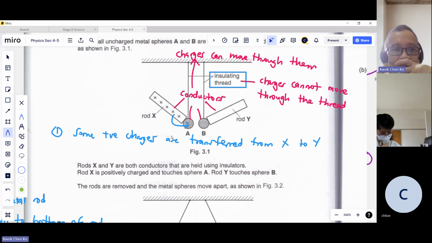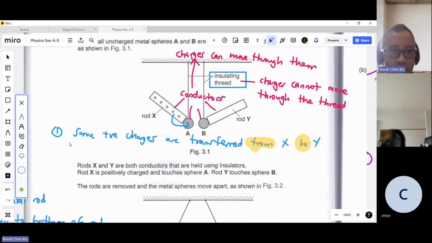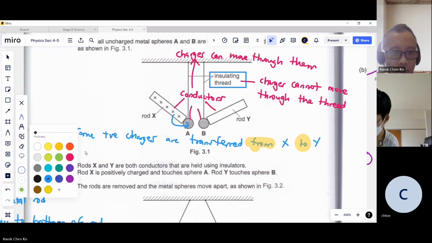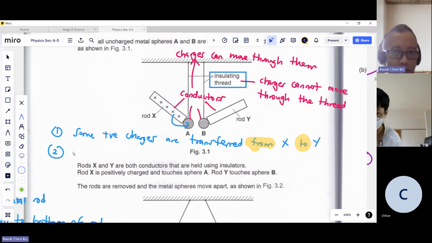Now, personally, I would always want to mention the direction of movement, meaning from where to where, if you can. So obviously that makes X positively charged.